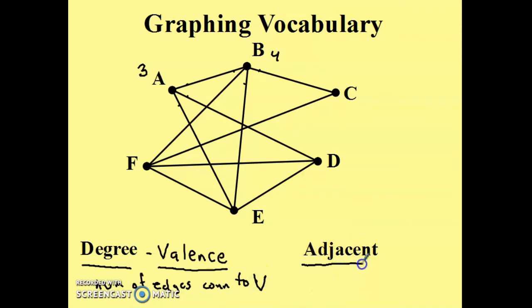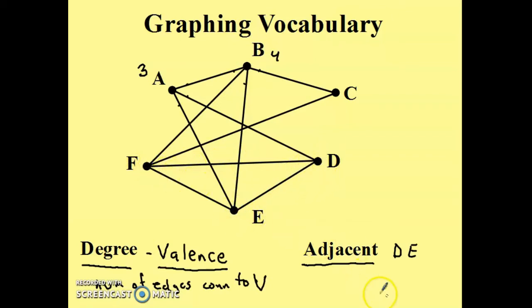The word adjacent means that two vertices have an edge between them. That doesn't mean they have to be beside each other. E and D are adjacent, because DE is an edge, and it makes D adjacent to E because they're connected.